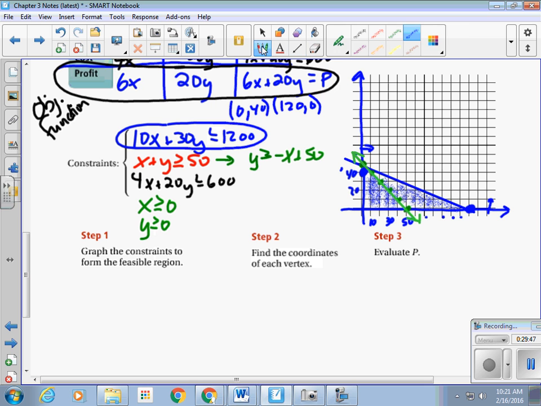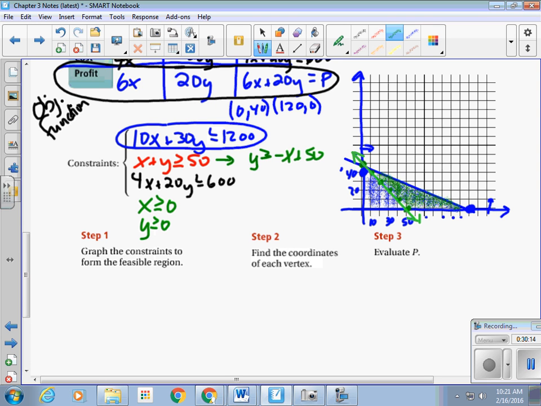So get my green crayon out. And I'm going to shade everything above. I'm going to go ahead and not shade above the blue line because I know my constraint says can't go above that blue line. So instead of confusing myself with extra shading, I'm just going to keep that there.